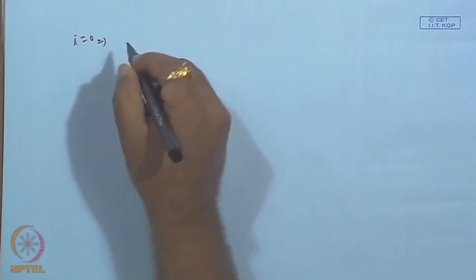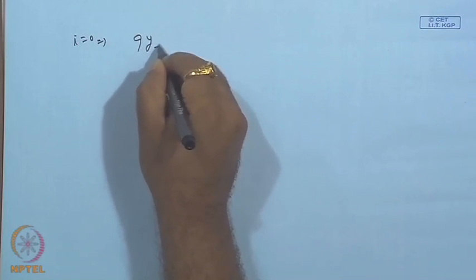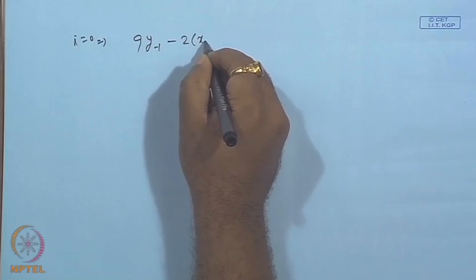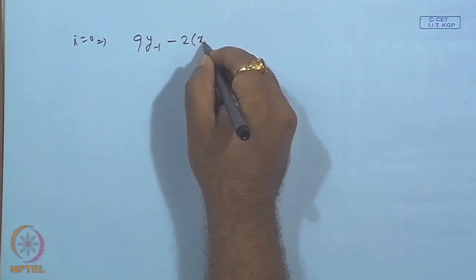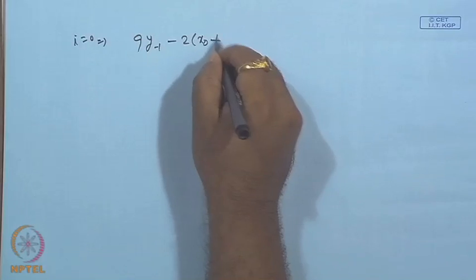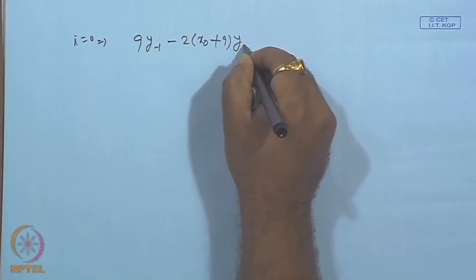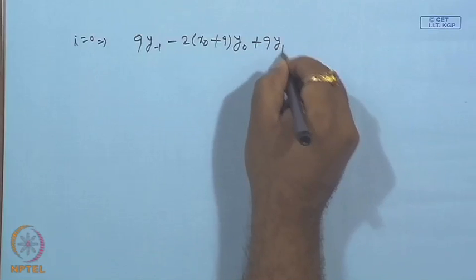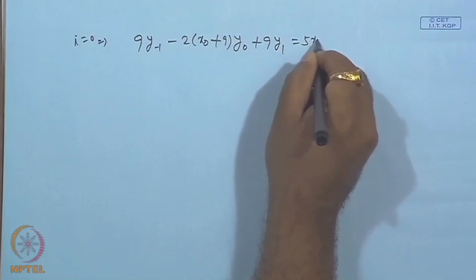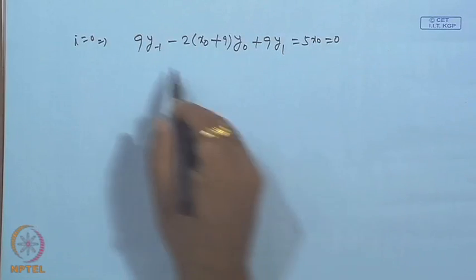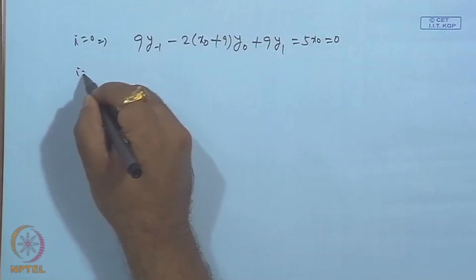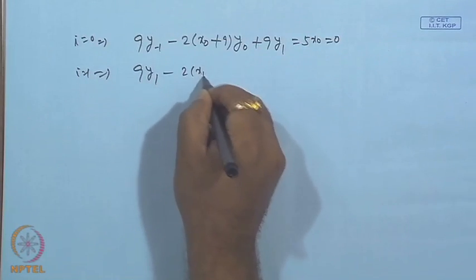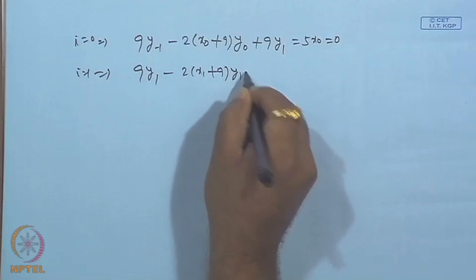Okay. So, if we run this, for example, I 0 implies 9 y minus 1, x 0 is 0, y 0, y 1. So, we have then y 1 minus 2 x 1 plus 9.